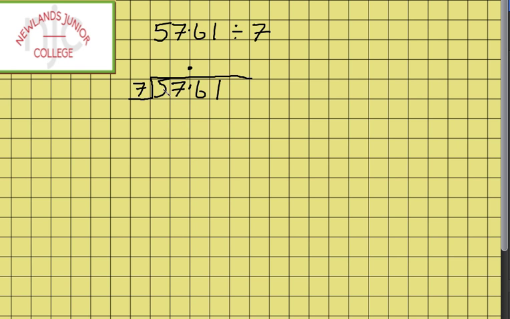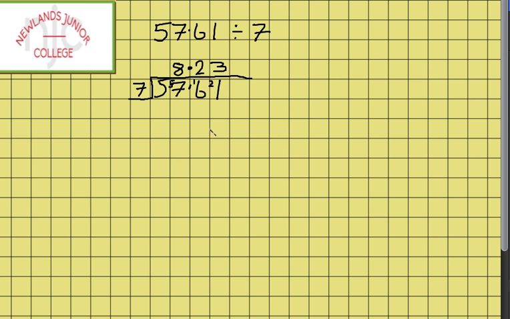So 7 into 5, well, that doesn't fit, so we carry the 5 forward to here. 7 into 57, well, that goes 8 times, and you're left with 1 over, which we can add here. 7 into 16, that goes twice, 2 left over, and 7 into 21, that goes 3 times. There's our answer. 57.61 divided by 7 is 8.23.